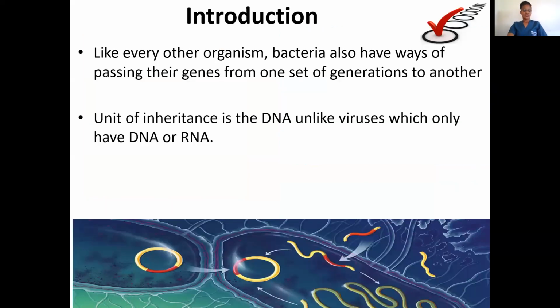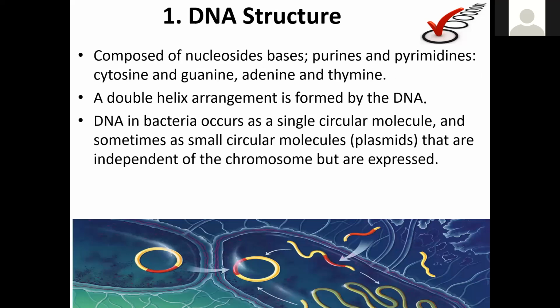So for the introduction, bacteria have ways of passing genes from one generation to another. And the unit of inheritance for a bacteria is DNA, unlike the viruses, which will have either the DNA or the RNA. So for the DNA structure, it is composed of nucleoside bases.